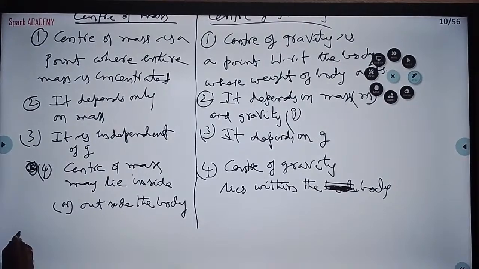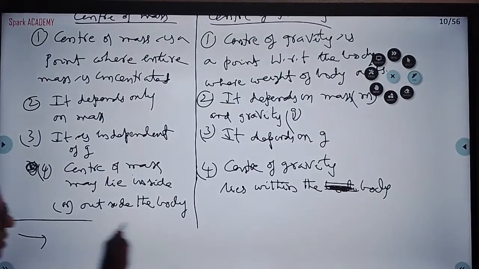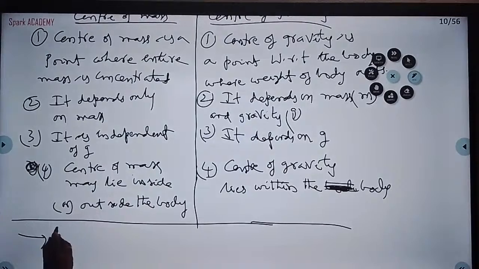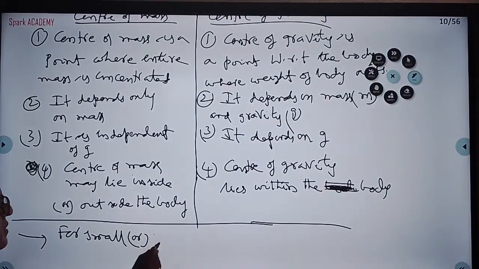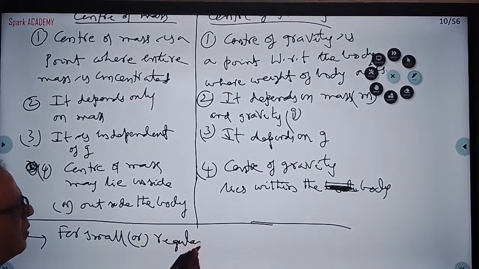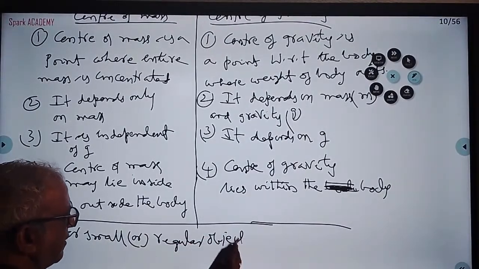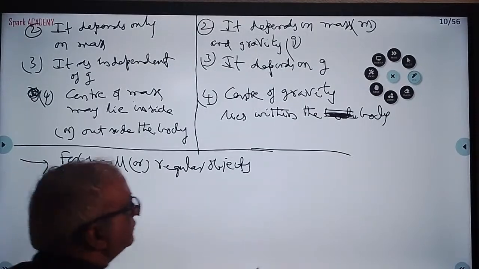Generally, for smaller regular objects, center of mass and center of gravity will coincide.